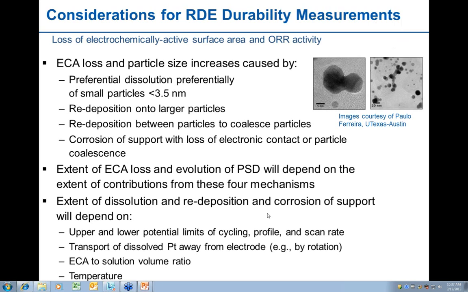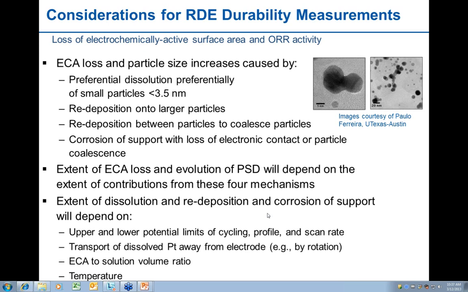And the various degradation mechanisms for platinum-based catalysts have been discussed extensively in the literature, and I just want to summarize them here, that the ECA loss and increases in particle size you see as a result of cycling can be associated with preferential dissolution of small particles, specifically less than 3.5 nanometers, redeposition of this dissolved platinum onto larger particles, which is driven by the higher surface energy of the small particles, and also redeposition between particles to cause coalescence.